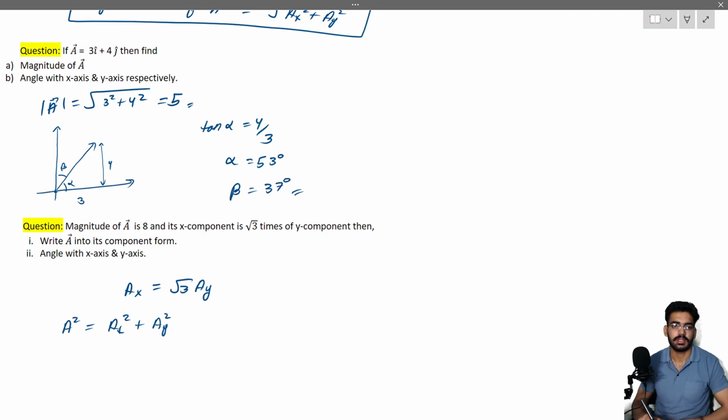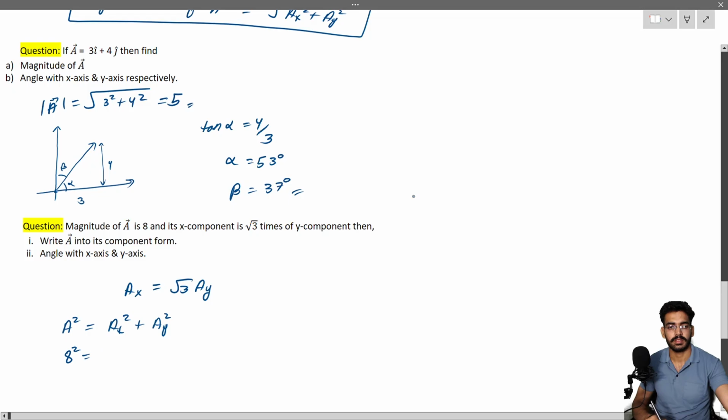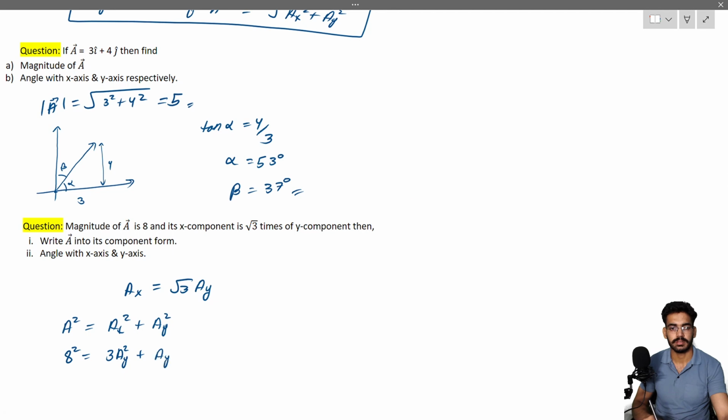What you want is to write the A vector in component form, and the angle with x-axis and y-axis, okay. So from here 8 square is equal to ax square plus ay square. Let's put the ax value. So ax is root 3 ay, so 3 ay square plus ay square, okay.